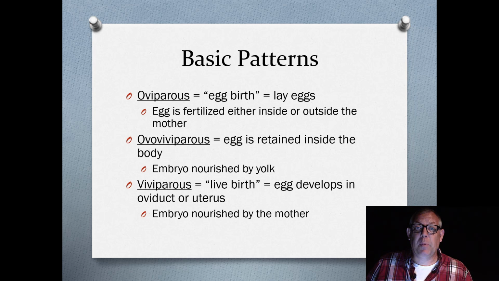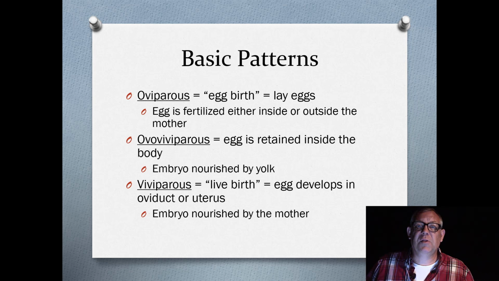And finally, you've got viviparous, or live birth. And that's when the egg develops in the uterus or an oviduct in some species. And so you retain the egg completely inside the female, and then the embryo is nourished directly by the mother. And so, for example, in humans, we're placental mammals, and so the embryo is nourished by a placenta.